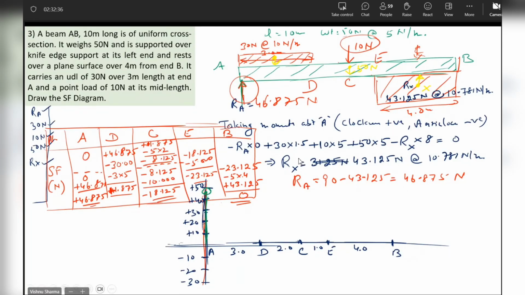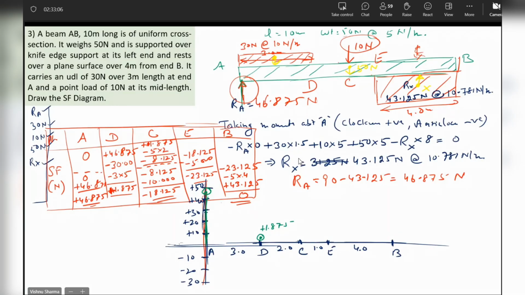From there, you have to go to plus 1.1875, somewhere very close to D. Look at the beam diagram, guys. From A to D, is the rate of change uniform, yes or no? Of the forces, total forces. How many forces are coming into picture from A to D? Look here in the table.